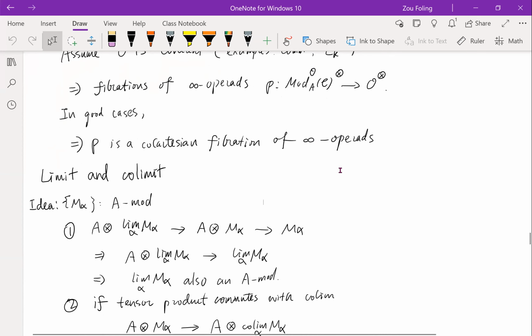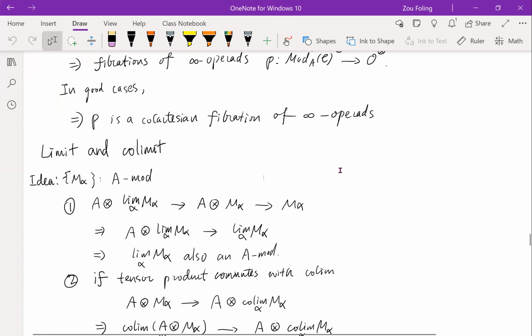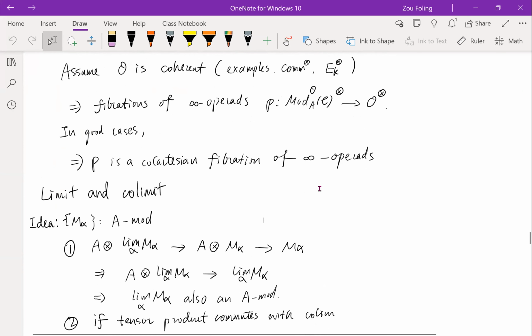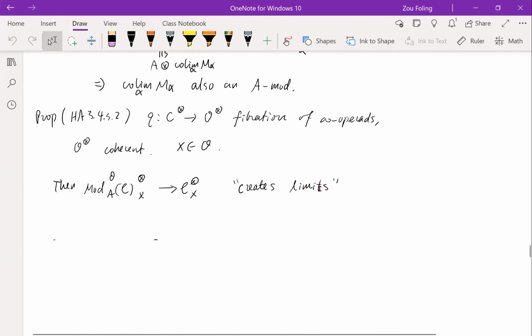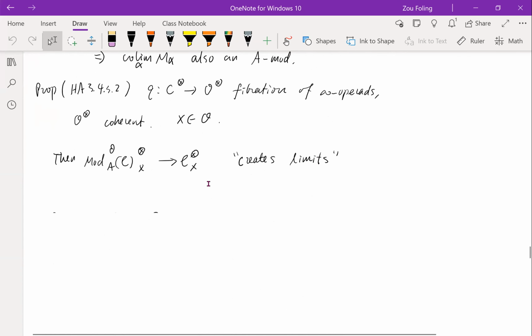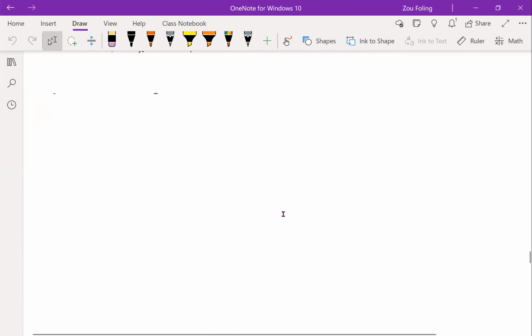And the answer is that it always preserves limits. And if the tensor product commutes with colimits, then the forgetful functor preserves colimits. Okay, so it's not very detailed anyway, so I'm going to skip it.